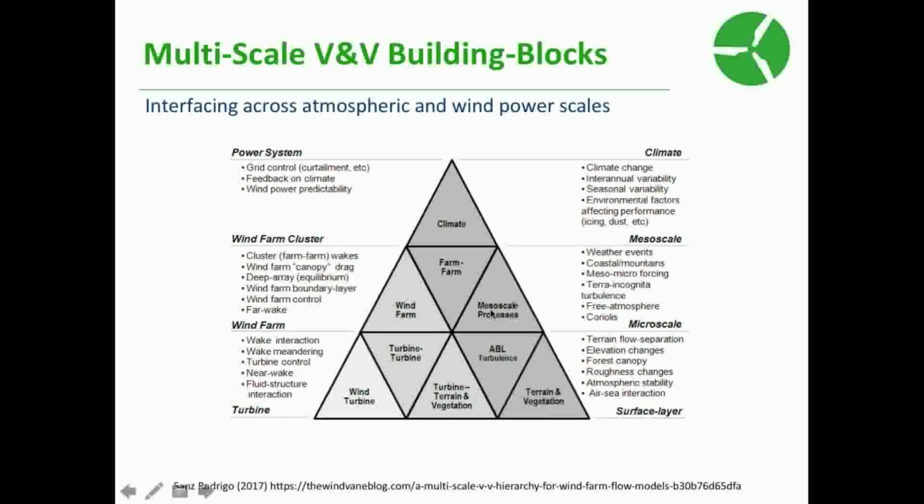This is the diagram we tend to use to explain the scope of Task 31 into different subsystems. Of course, the full system is a wind farm working in the climate, and then we can divide it into different subsystems from smaller scales to bigger scales, considering the atmospheric side of things on the right, as well as the wind power side of things on the left.